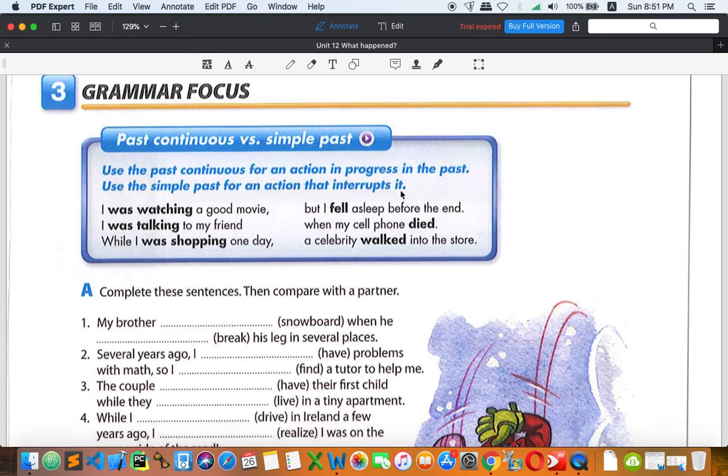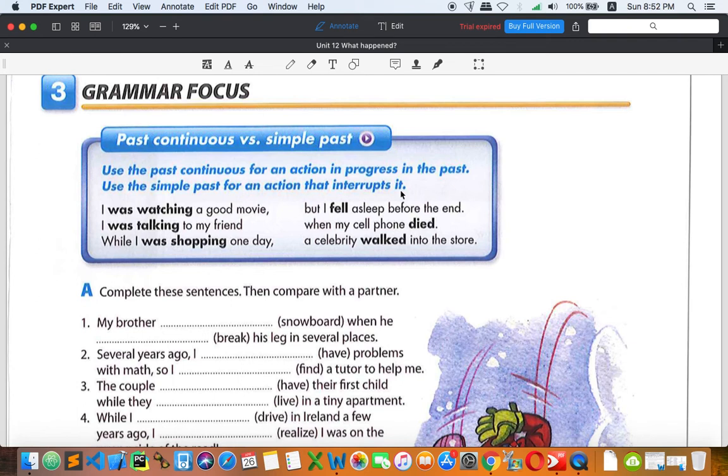When you compare past simple and past continuous, normally we focus on the interruption. So I can say that past simple interrupts past continuous. Past continuous is a longer action, and past simple is a short action that comes and interrupts past continuous. Got it?